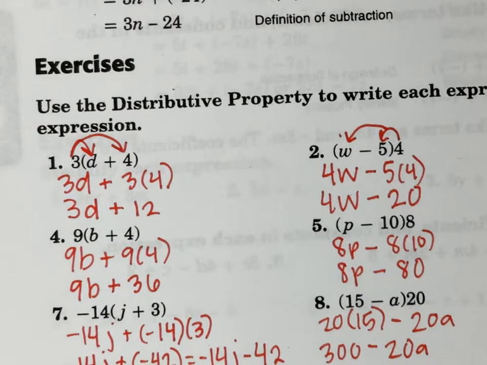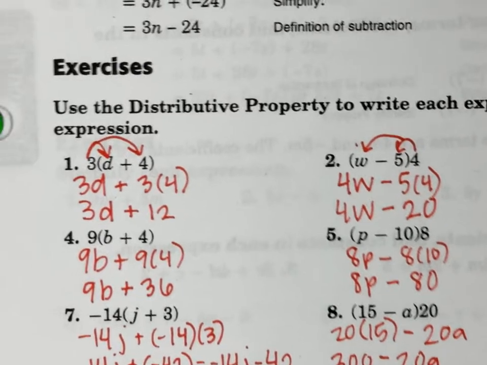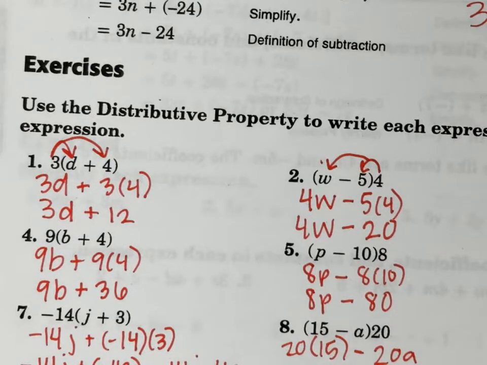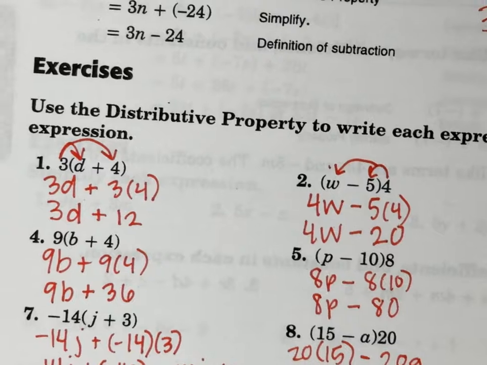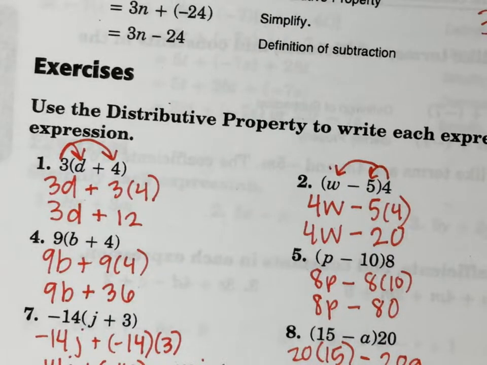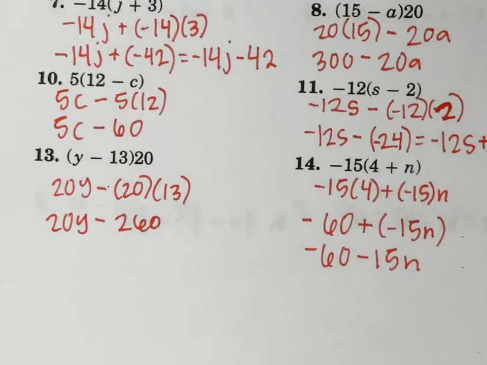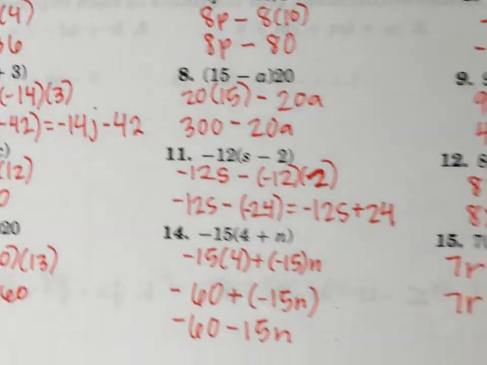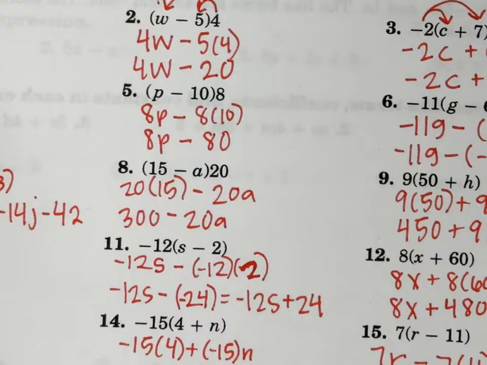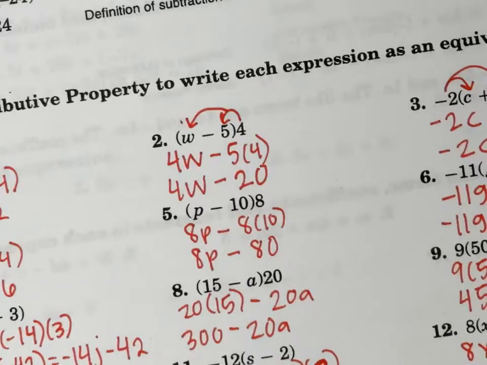All right, what do we get for number 10? 60 minus 5. Yes, 60 minus 5c. What was your other way?